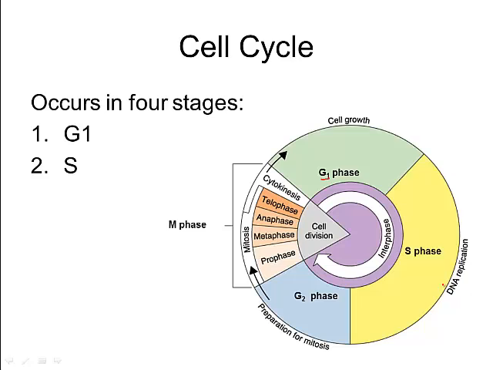So we're doing DNA replication during that point. After that is G2. This is another growth stage. And during G2, we're actually going to be preparing the cell to undergo mitosis, which is the division. And then there is the M stage itself, which is comprised of both mitosis and cytokinesis, and that is when the entire cell is going to divide. So we're going to take a look at each of these stages in a little more detail.